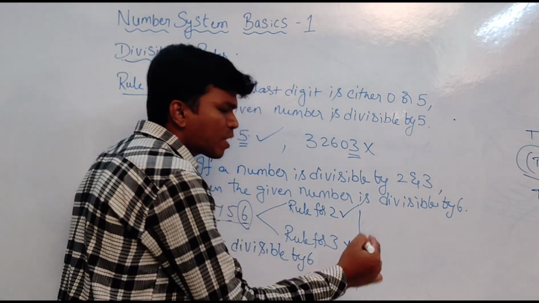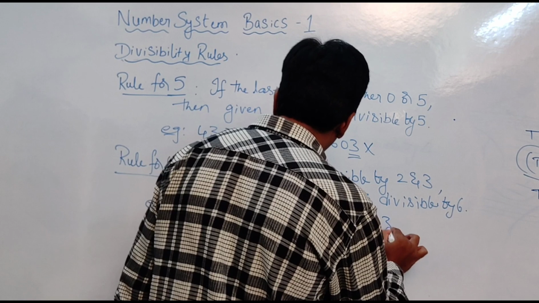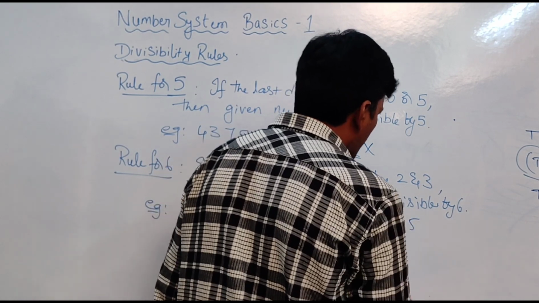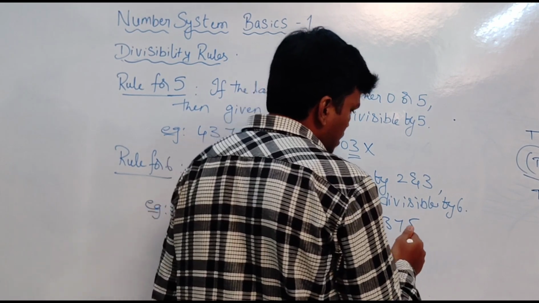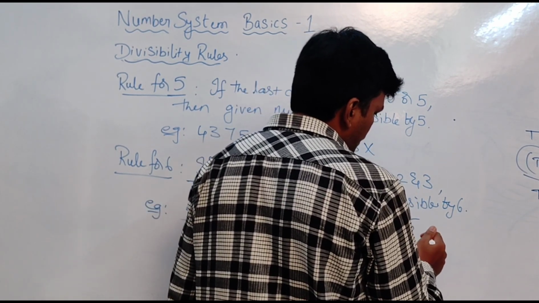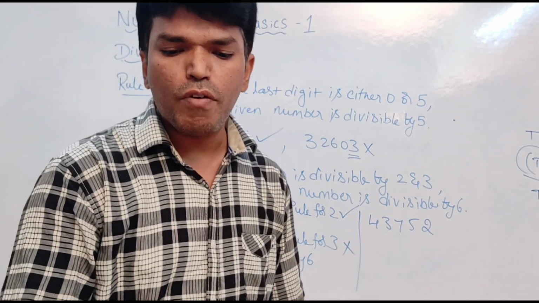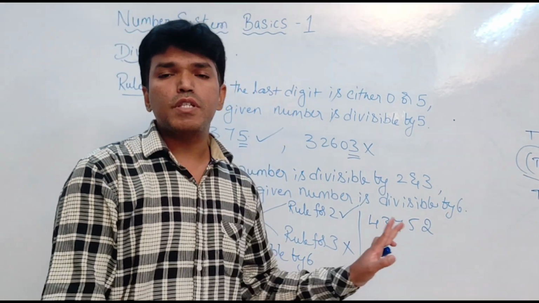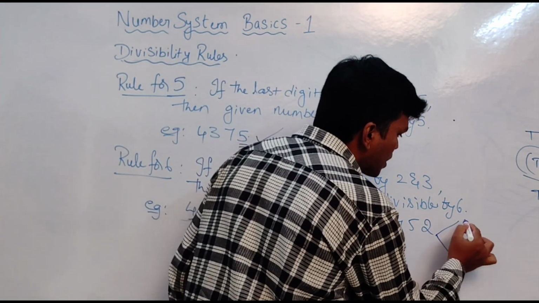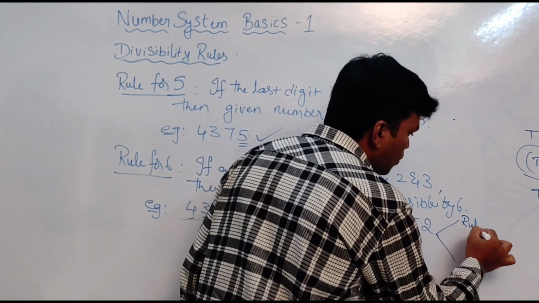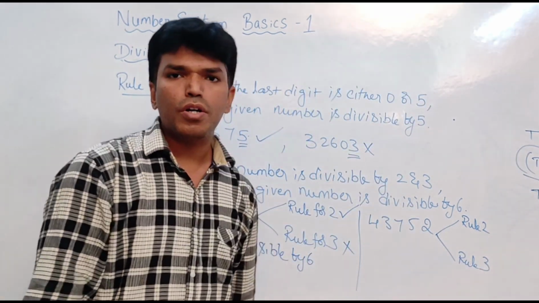Okay, let us take one more example, right? 43,752. I want to check whether this is divisible by 6 or not. So check for both the rules, rule 2 as well as rule 3. First of all, is it divisible by 2?